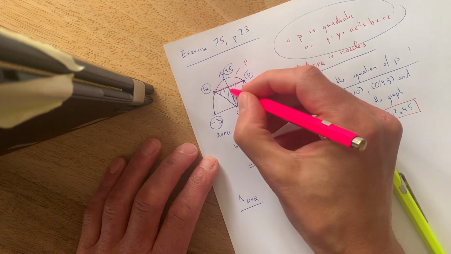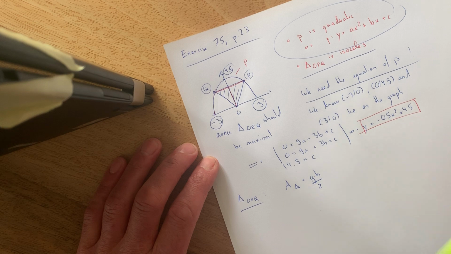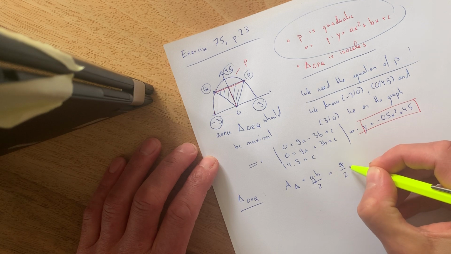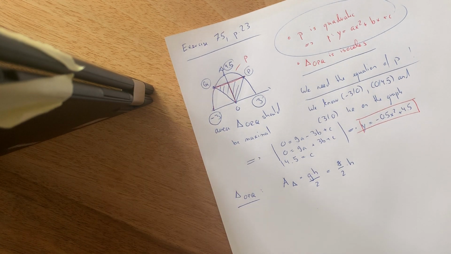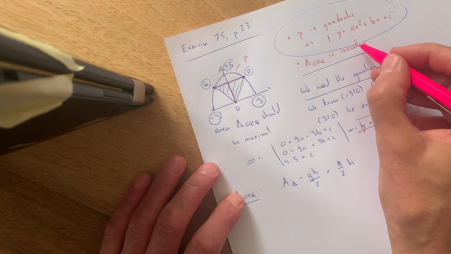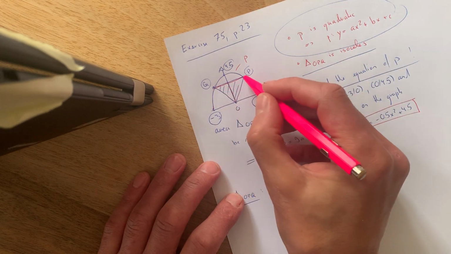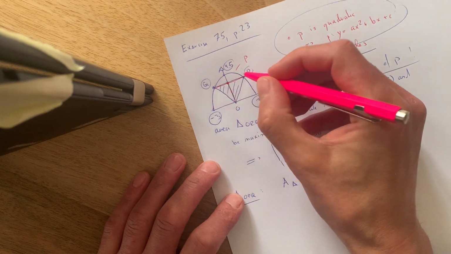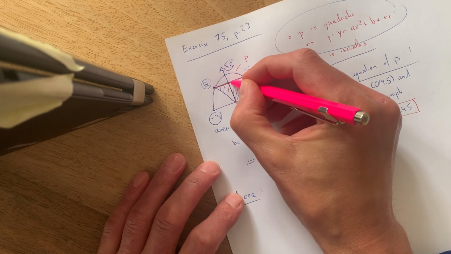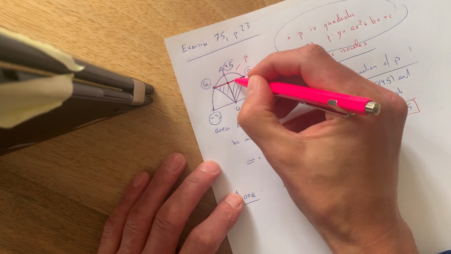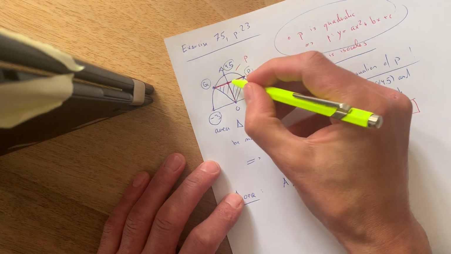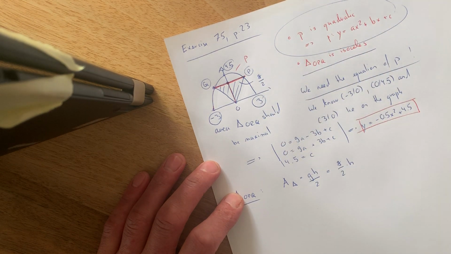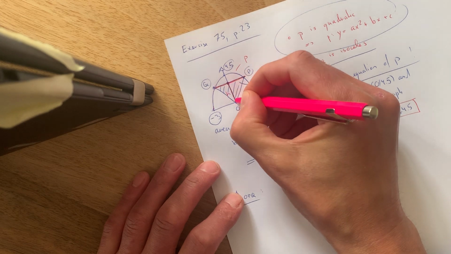This here is G and this here is H. Now we can write this also as G divided by 2 times H. And now here is why it is important that the triangle is isosceles. Since it is isosceles, the triangle is divided by H into 2 equal parts. So G is divided by the y-axis into 2 equal parts. So this, from here to here, is precisely G divided by 2. And this here, of course, is H.